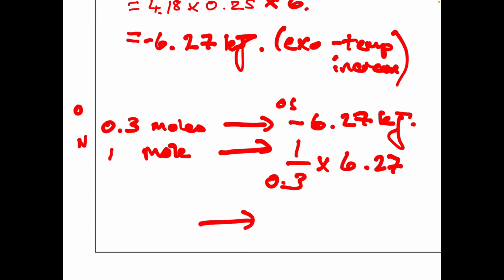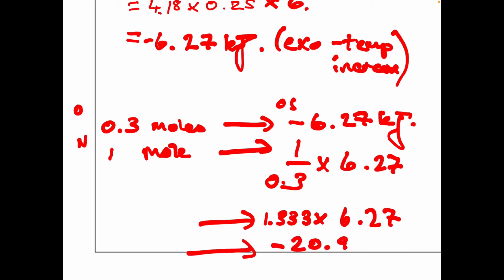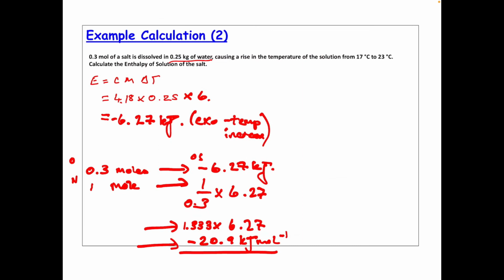And when you do that, you end up with 3.333 times by 6.27. You end up with the answer being minus 20.9 kilojoules per mole. And remember, it's per mole when it's the enthalpy. So hopefully that makes sense for us.